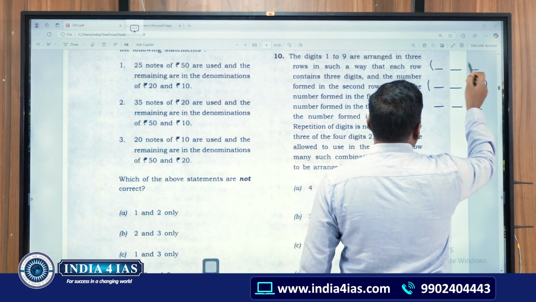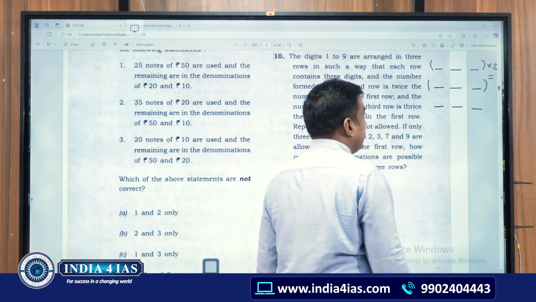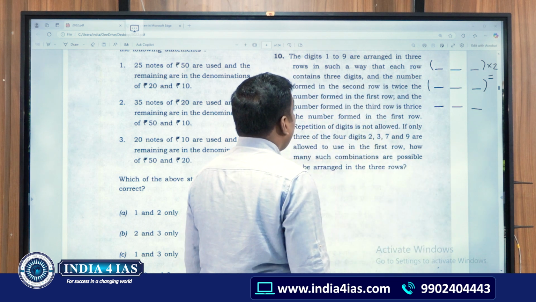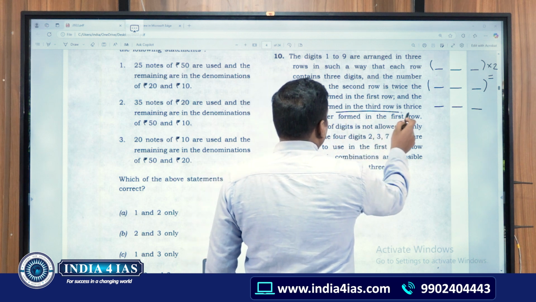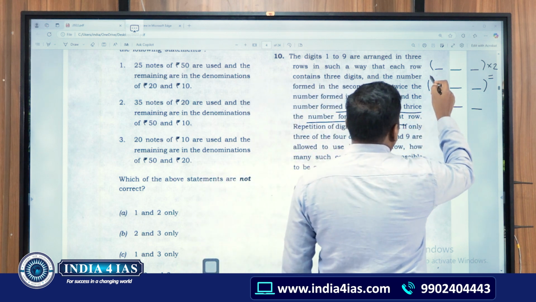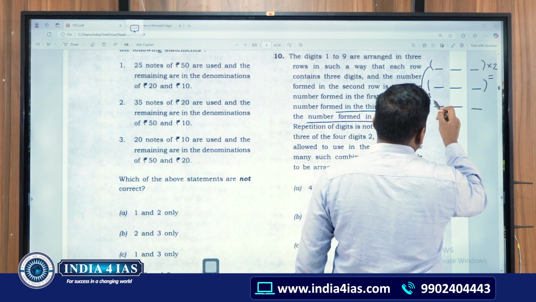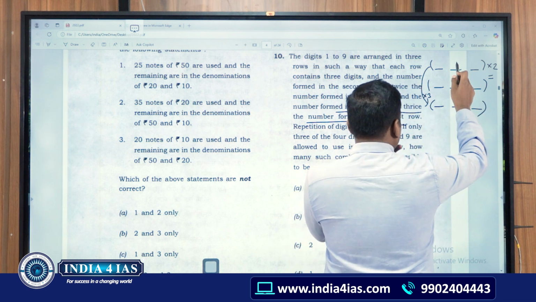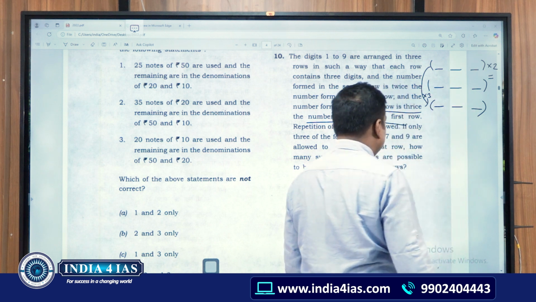So when I multiply this by 2, I will get this number. Then the number formed in the third row is thrice the number formed in the first row. So when I multiply by 3 to the first, I will get this number.